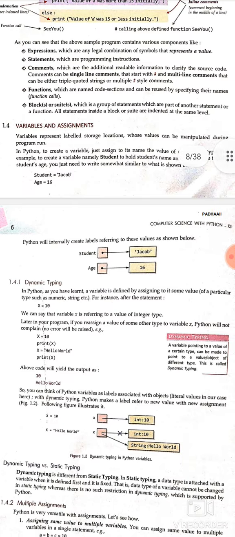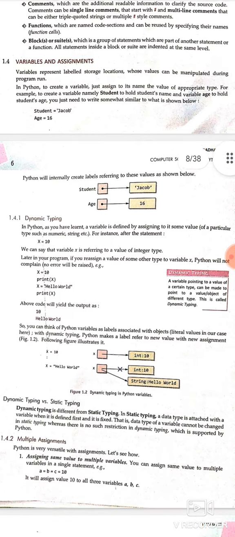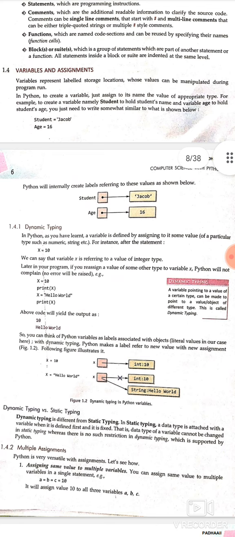Next, coming to variables and assignments. What are the various variables that we have and how do we assign them? First and foremost, variables represent labeled storage locations whose values can be manipulated during program run. So student is equal to Jacob and age is equal to 16.